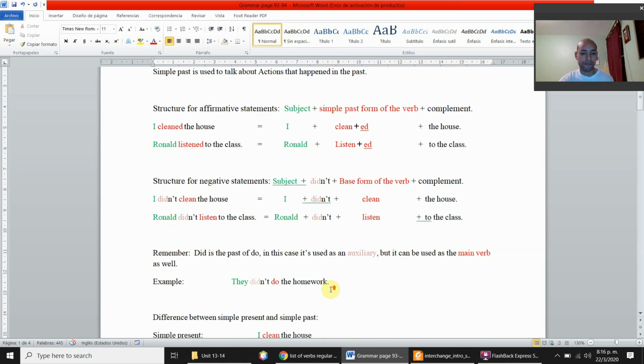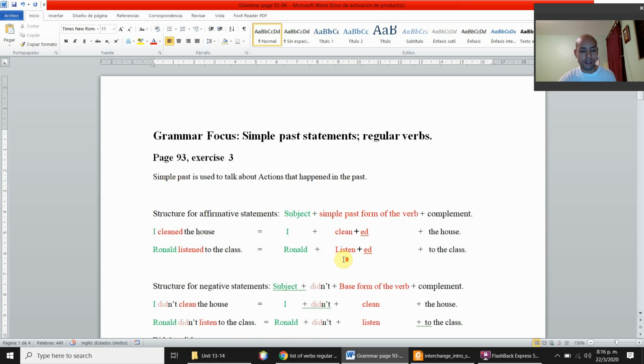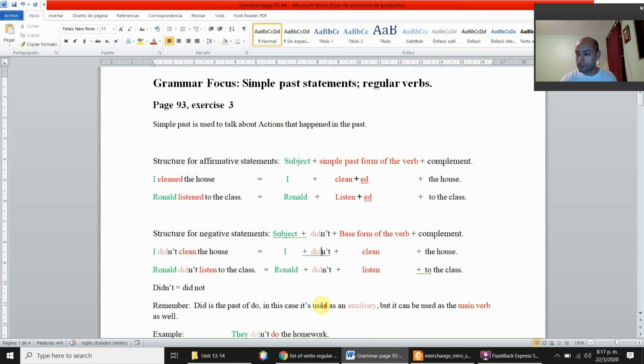Now, didn't is the same as did not. This is a contraction. Didn't is the same as did not. So I suggest you always use the contraction. Didn't. I didn't in this case.